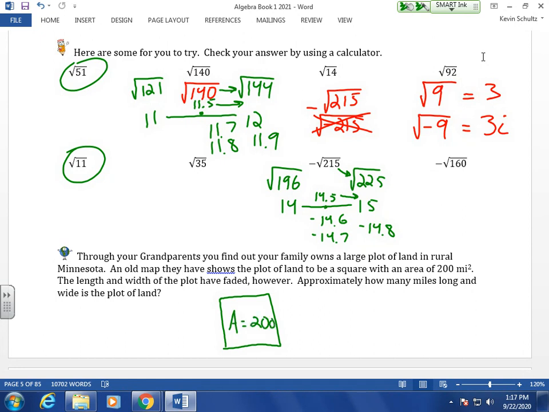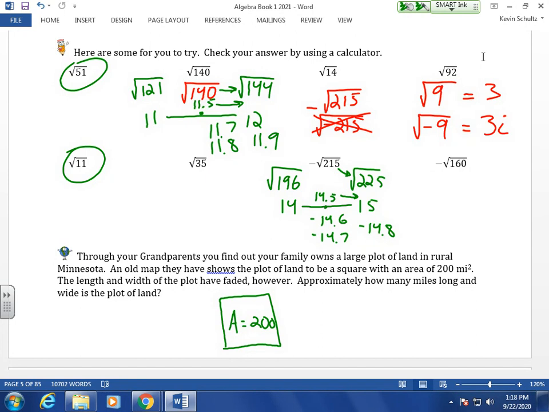So what you need to do is think about, what do I know about squares? What do I know about the area of a square? And since we're talking about the concept we're talking about today, how does that apply to the concept at hand? Your job is to tell me how many miles long and wide is the plot of land.